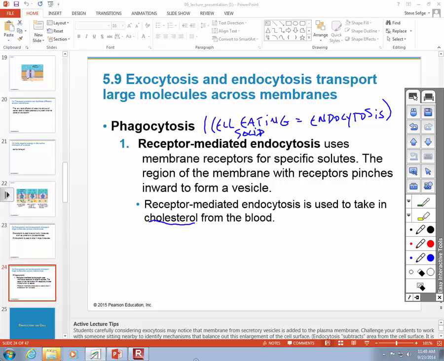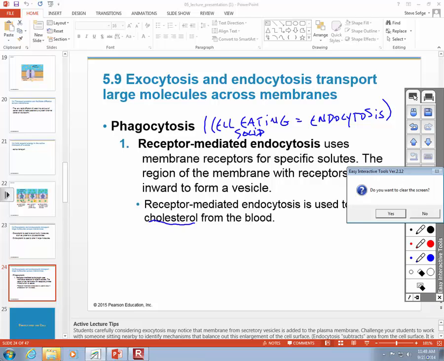So cholesterol is used in the manufacture of other things. We have to be able to make it, and we have to be able to take it into cells. So it's very important that we have receptor-mediated cholesterol absorption. That's absolutely necessary for pretty much all cells.